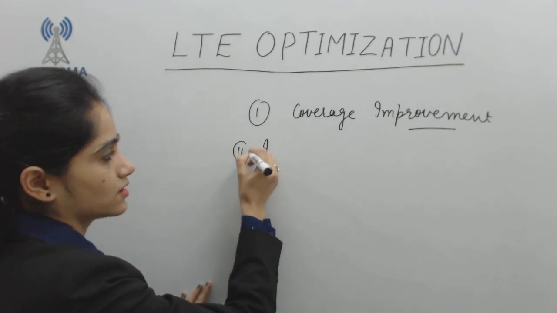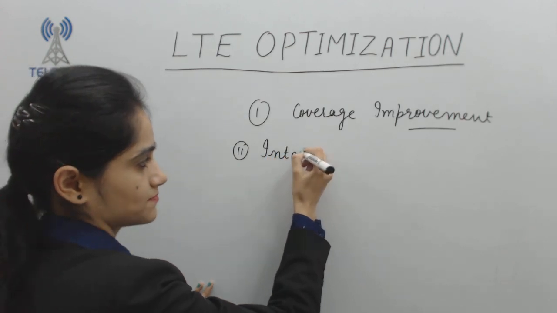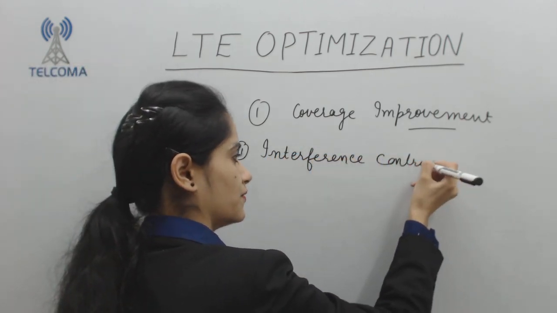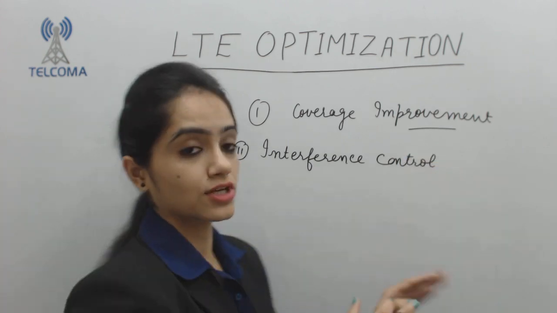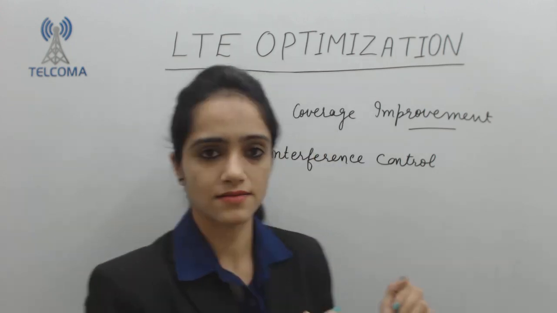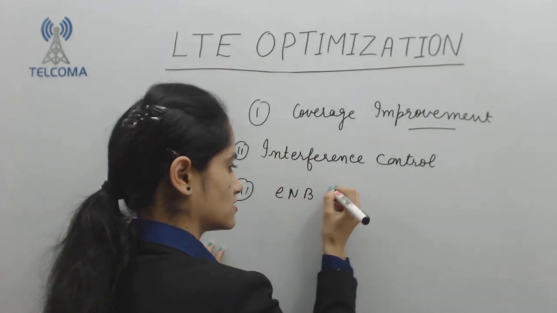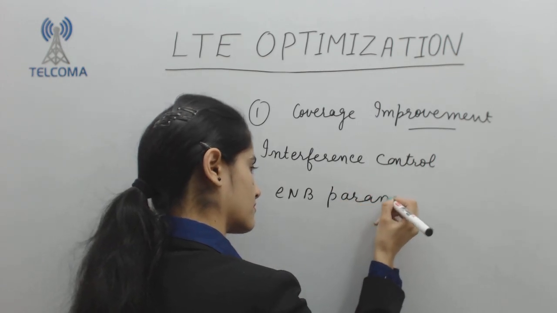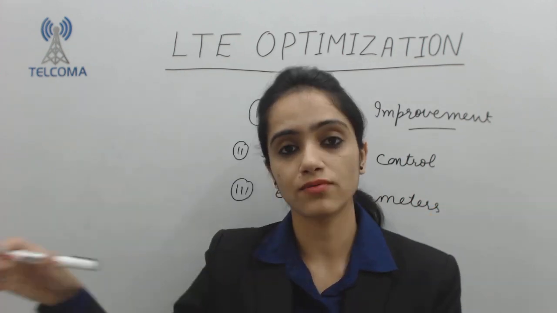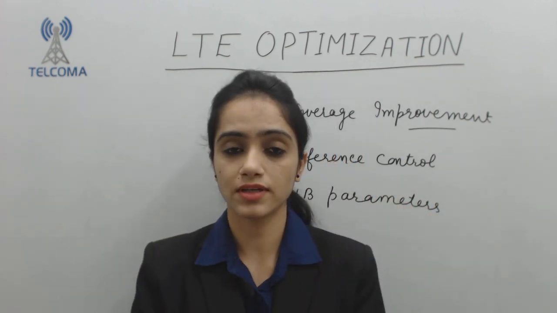We also have interference control. We are receiving more interference and we require to control all the interference. So again, a function of the optimizer. The optimizer is required to check all eNodeB parameters, whether neighbors are properly configured or not for providing handover.